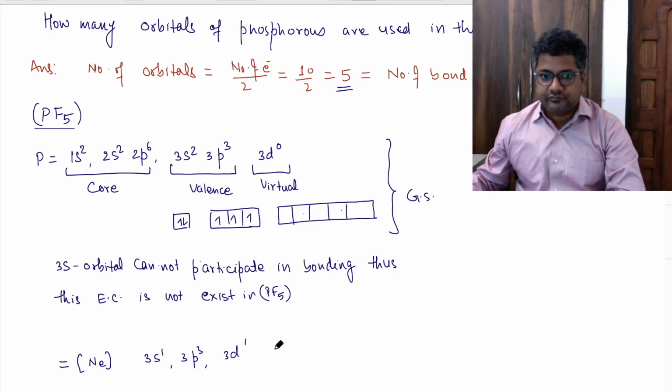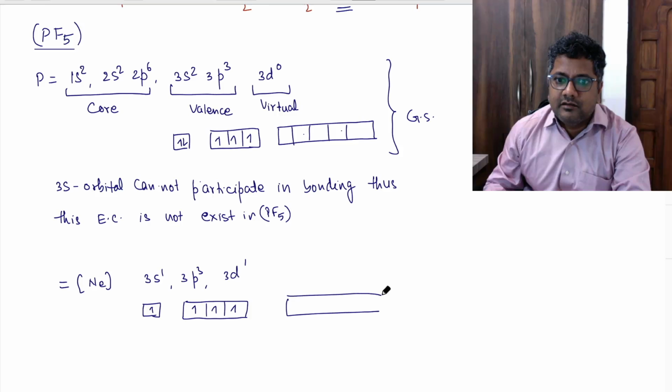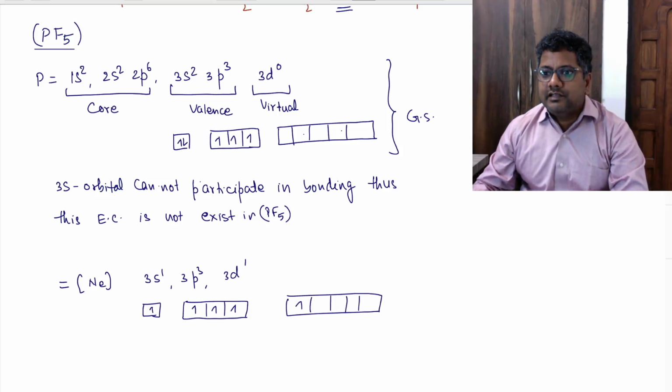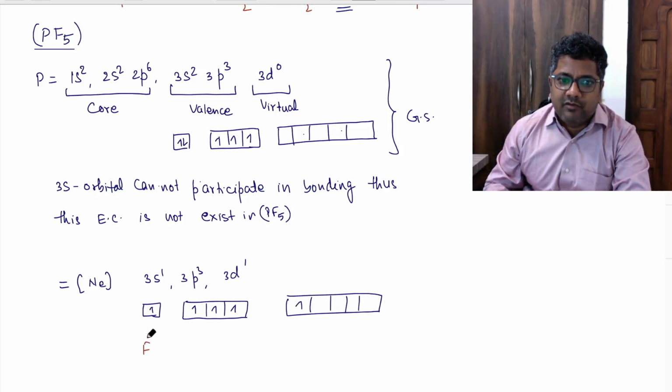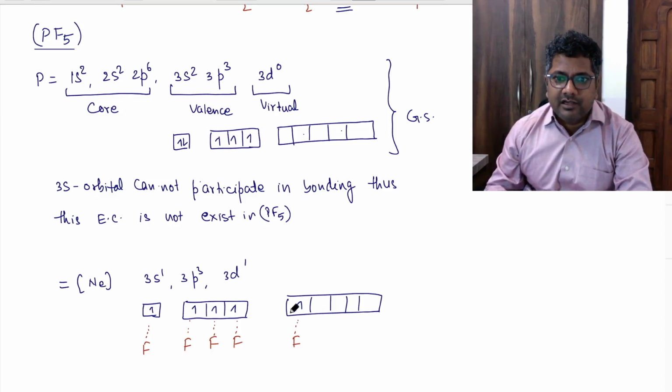Now see, 3s, now 1 electron, 3p, now you can see there are 3 electrons, and this 3d has 1 electron. Now you can see that 1 fluorine can make a bond with this, 1 fluorine can make a bond with this, 1 fluorine with this, 1 fluorine with this, and 1 fluorine can make. Now you have 5 orbitals.